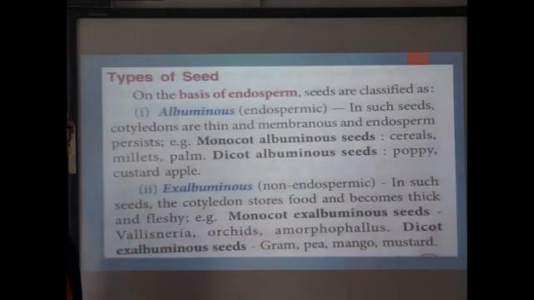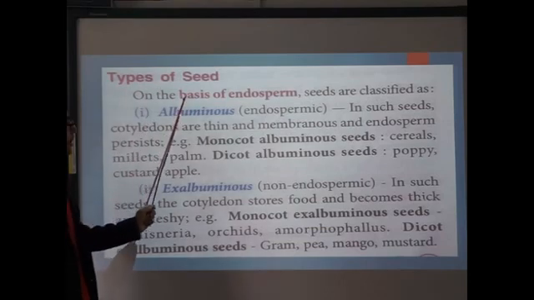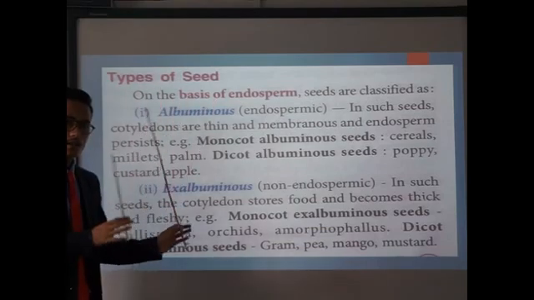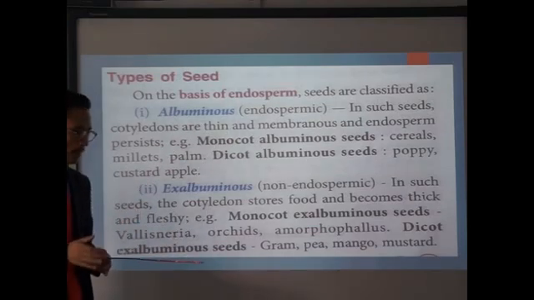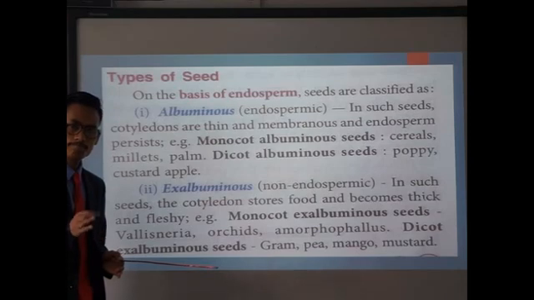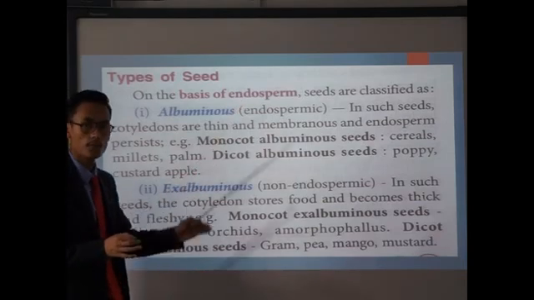Next one, the type of seeds depending on the presence or absence of endosperm. Remember, endosperm contains the richer food material for the germinating or developing embryo. During germination or development, the embryo will get its nourishment from the endosperm.